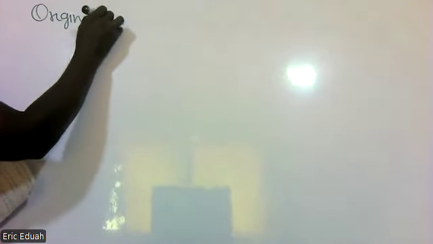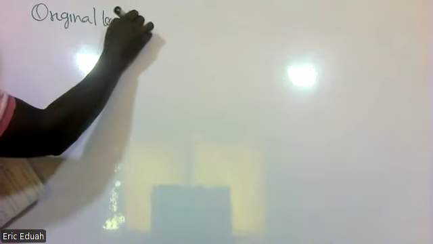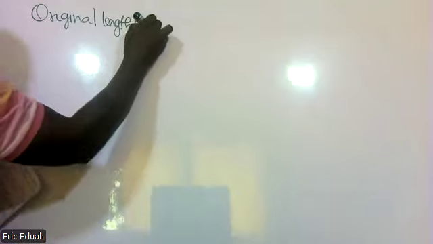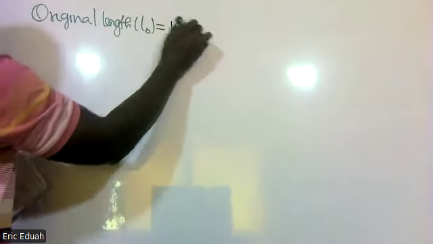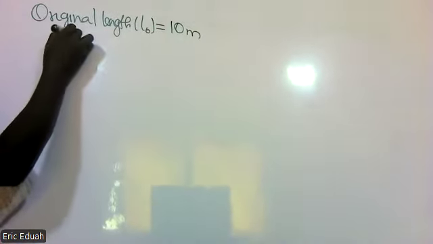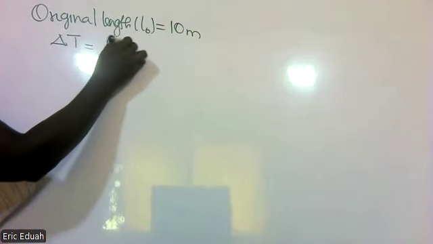An iron bar of length 10 meters is heated. So the original length L is 10 meters. The change in temperature is 100 degrees Celsius because the initial is 0.